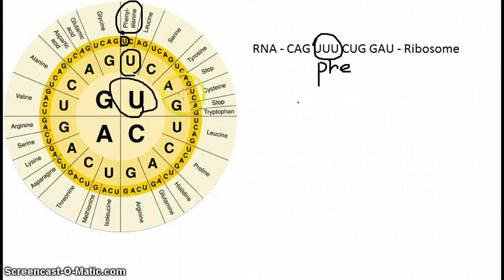This is just another type of codon chart, and you read it a little differently. Some people prefer this type, some people prefer the other type. It's really a matter of taste and what kind of chart you have available.